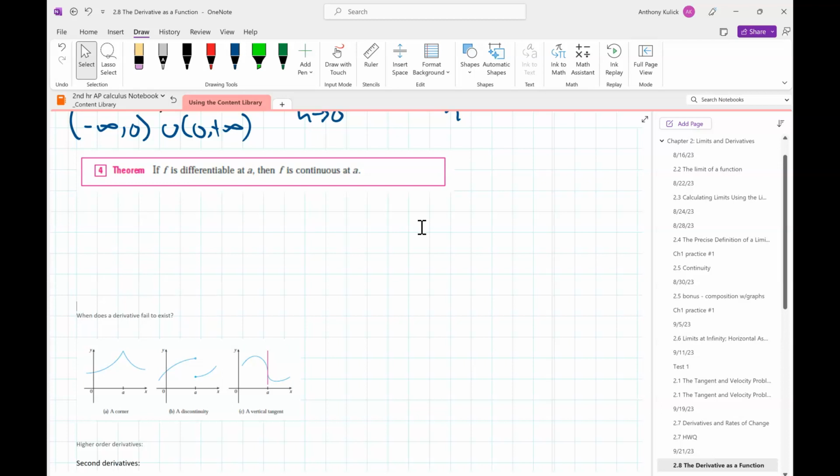Elena: So is that like what's the definition of differentiable? The derivative exists for all values on the interval. So if we say it's differentiable at a, it means that f prime of a exists, right?